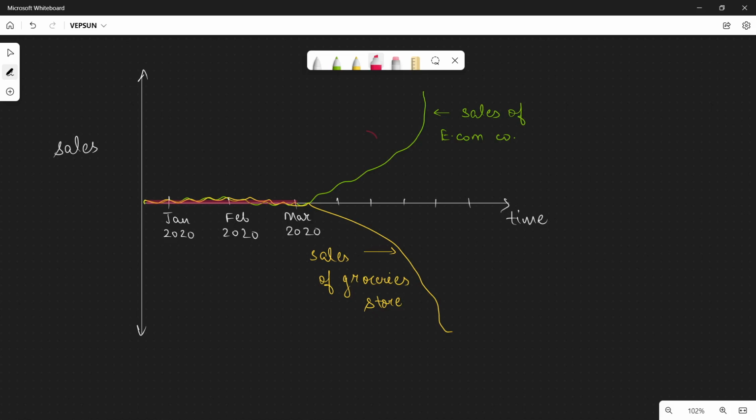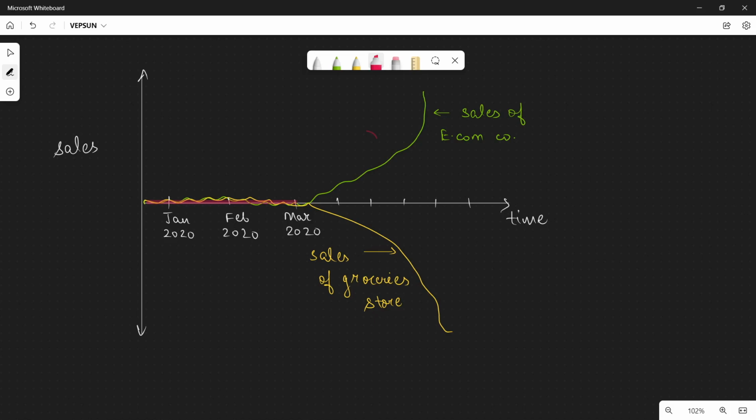But somewhere in the middle of March, there was an abrupt increase, an exponential rise in the sales of e-com companies, and there was an exponential decay in the sales of grocery stores. Why did this abrupt change happen? If you can recall what happened during 2020 in the month of March, it was the time when there was a nationwide lockdown.